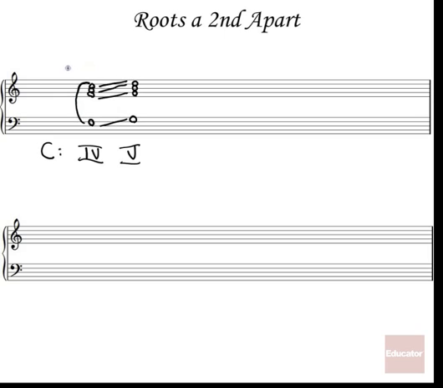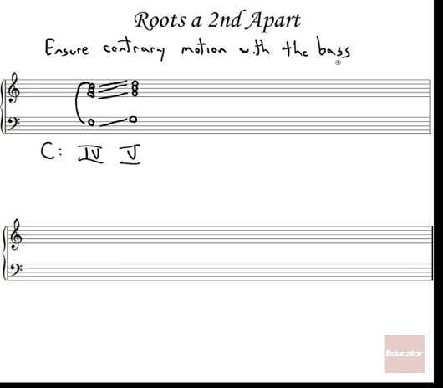So for roots a second apart, we need to adopt a new principle of voice leading, and that is to ensure contrary motion with the bass.